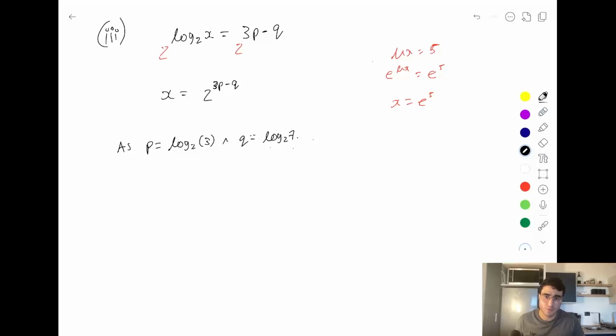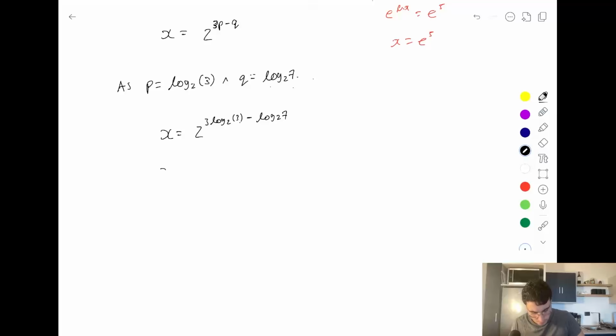What does that mean? Well, that means that x is going to equal 2 to the power of 3 log 2, 3, okay, minus q, which is log 2, 7, okay, which gives me what? 2 to the power of log 2, 9, or better yet, 27, because 3 is going to go over the top, okay, 3 cubed, minus, okay, log 2, 7.